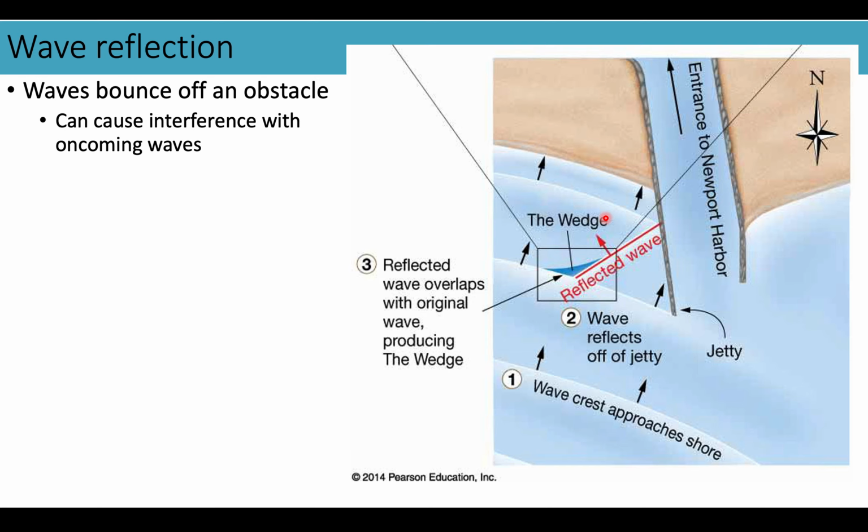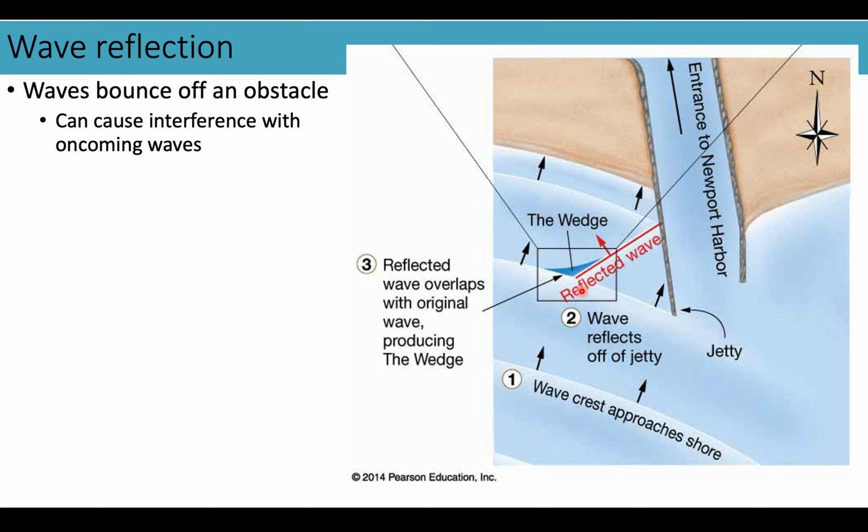And then we also can get wave reflection. Reflection is where the wave is reflected or bounces off of an obstacle. So this is Newport Beach, for example. If you've heard of the wedge down by Newport Harbor, this is the very end of the peninsula, and over here is Corona del Mar.